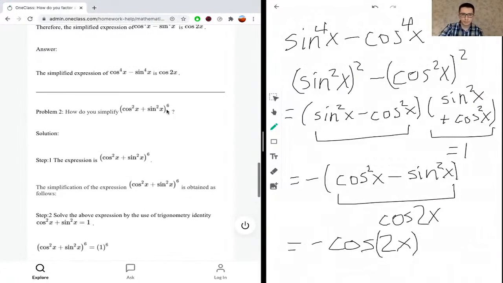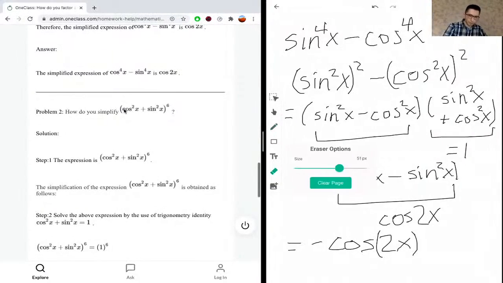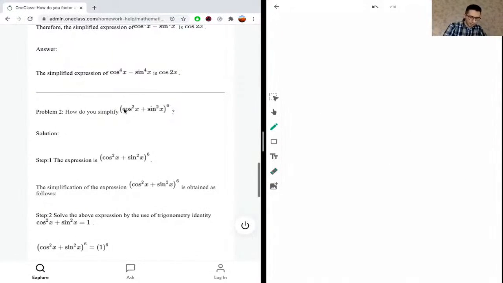Here's another example: cos squared x plus sine squared x, to the power 6. A very important trig identity to remember is as follows, probably one of the most important trig identities.